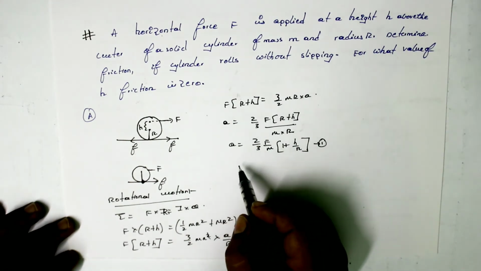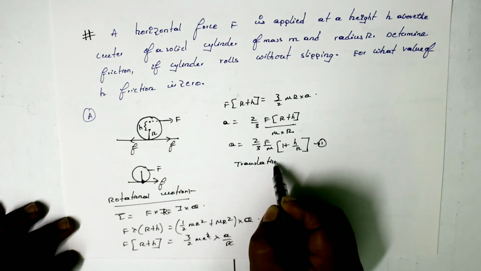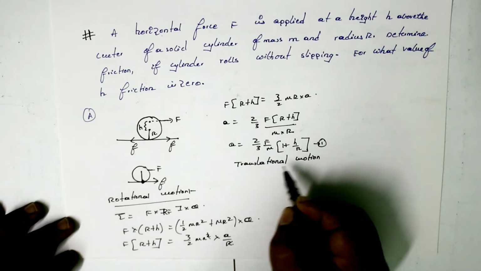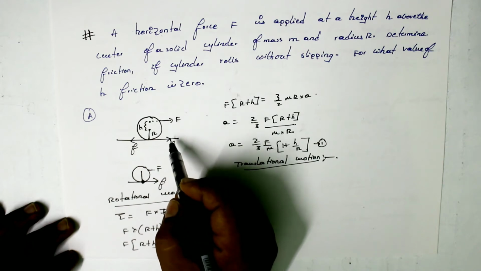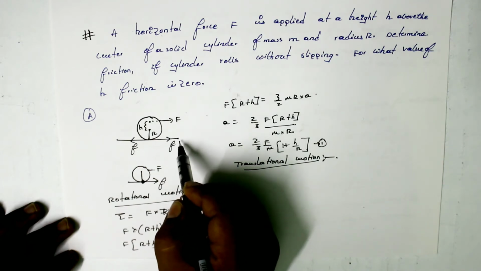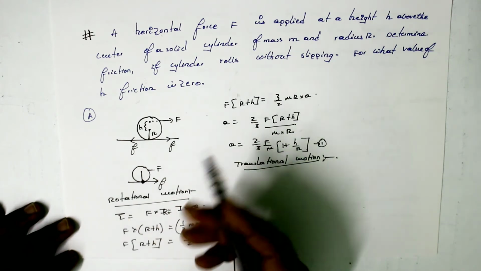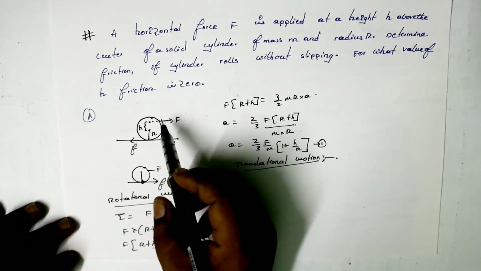Now I will apply the equation for translatory motion. On this cylinder, two forces are acting, and this is my assumed direction of friction, in the forward direction. So F and f, both of them are responsible for providing acceleration to this cylinder.